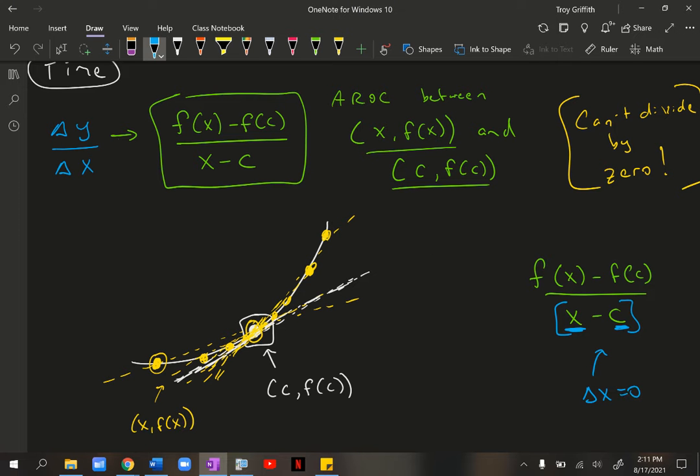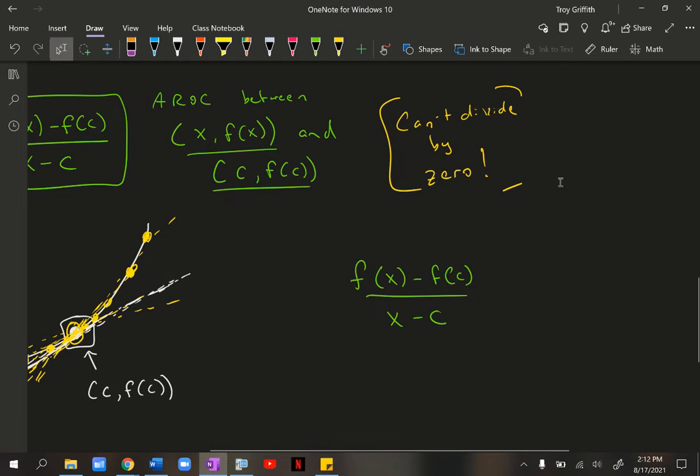So I actually can't push them completely to the exact same spot, because it brings up an issue mathematically. This is a very big concept, and we're going to spend the entire beginning of the year on it. I'm going to put this off to the side right here.